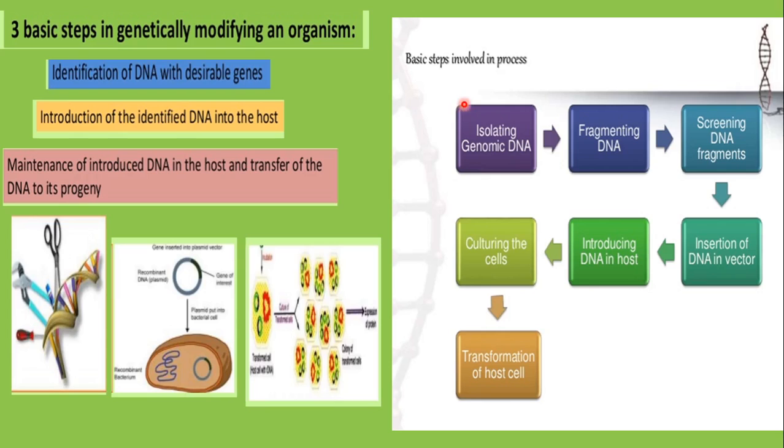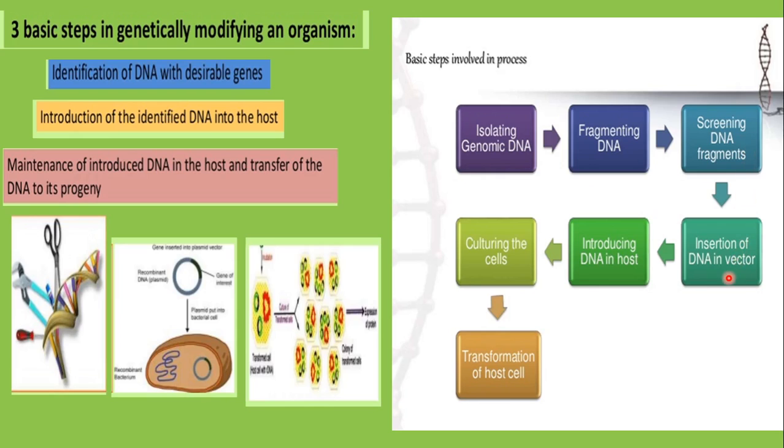So again, once more, the basic steps involved in the process. Isolation of genomic DNA, the first step which I was talking about, involves sub steps: isolation of the DNA, fragmenting the DNA, that means cutting out with the help of enzyme, and screening the DNA fragments. That means after cutting, we have to exactly detect which is the one that we want.